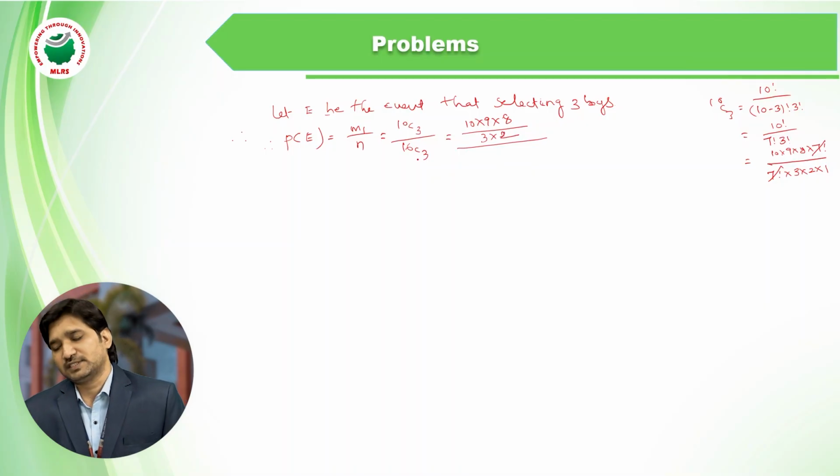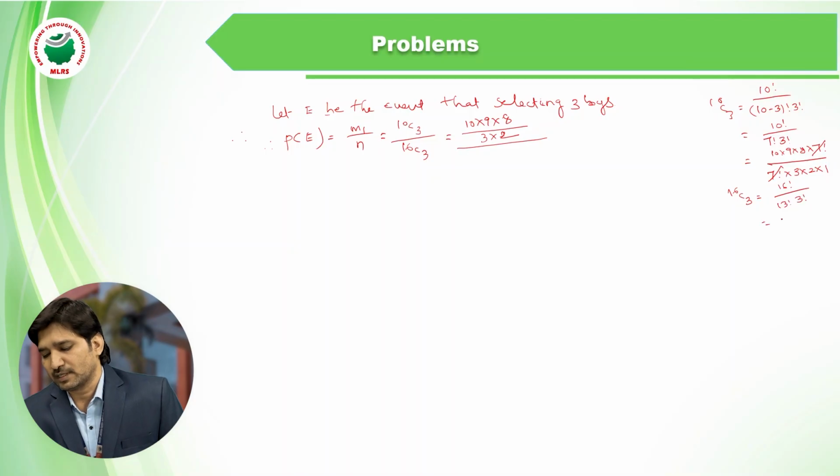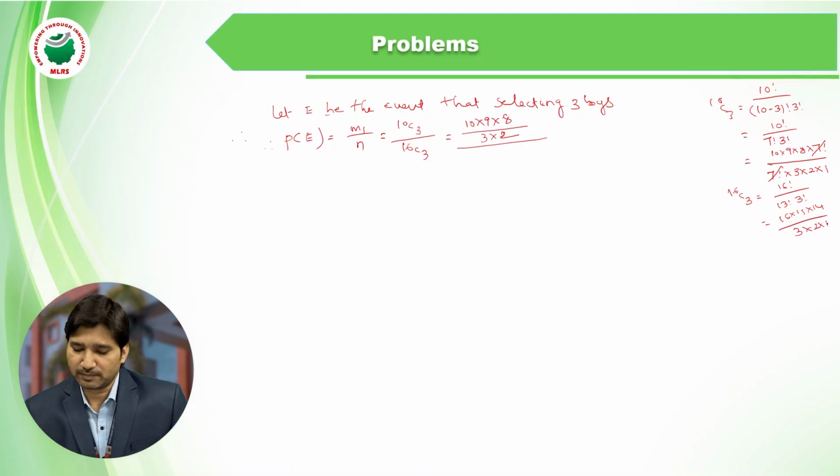And it is divided by 16C3 also. 16C3 is 16 factorial divided by (16 minus 3) means 13 factorial into 3 factorial. That is 16 into 15 into 14, 13 factorial cancelled, divided by 3 into 2 into 1. Simply, 16 into 15 into 14 by 3 into 2. The 3 into 2, the 6, cancels.